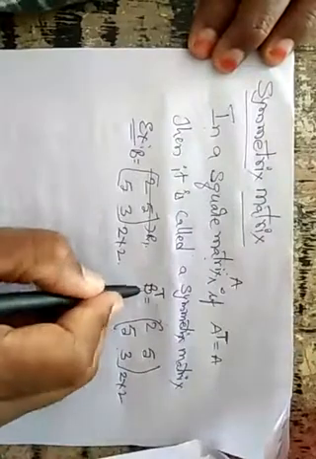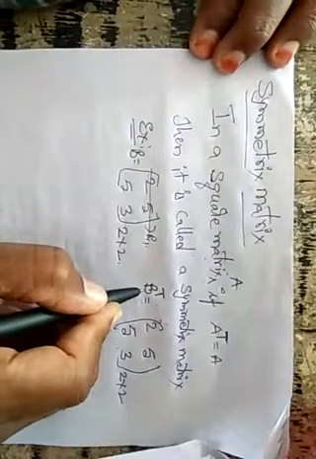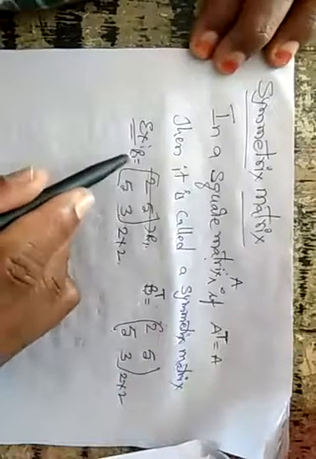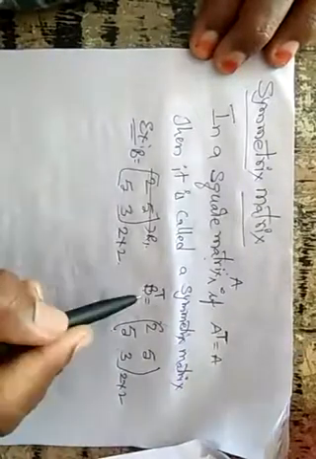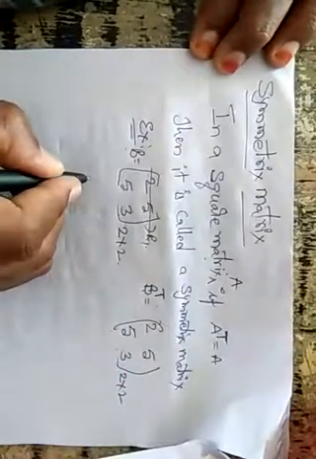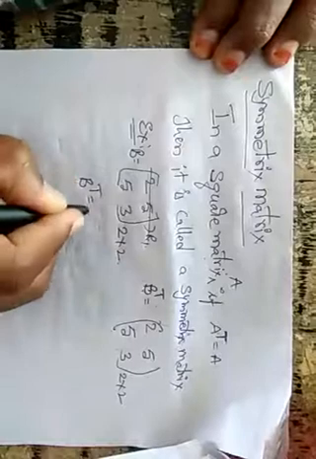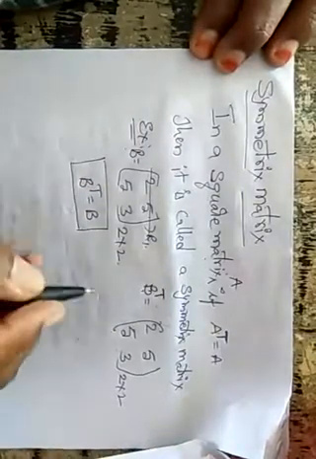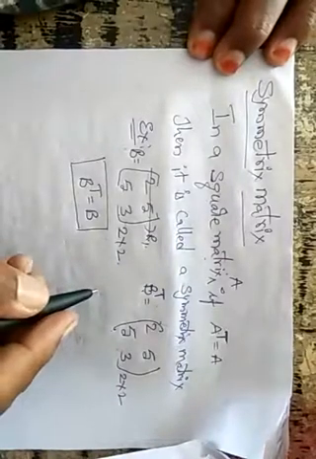This is B transpose. Here what happened? We got the same matrix. Matrix B is equal to B transpose. Both are equal. Therefore, I can call B a symmetric matrix.